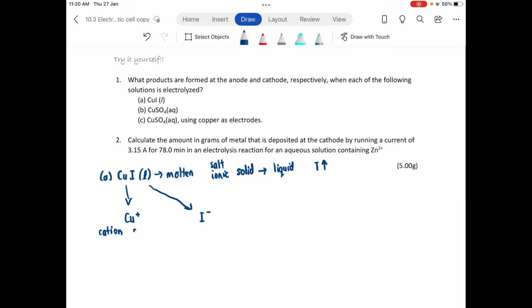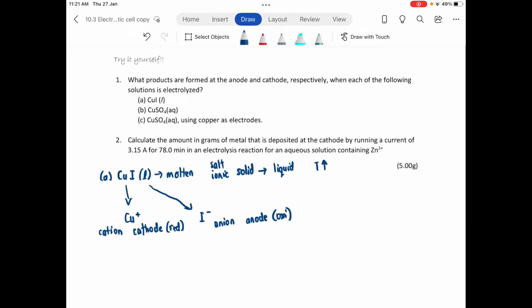Therefore it will be attracted to cathode, and at cathode reduction will happen. Dia red cat kan dekat cathode, will undergo reduction. Okay, so I minus pula is an anion, negatively charged ion is an anion. It will be attracted to anode, and at anode oxidation will happen.